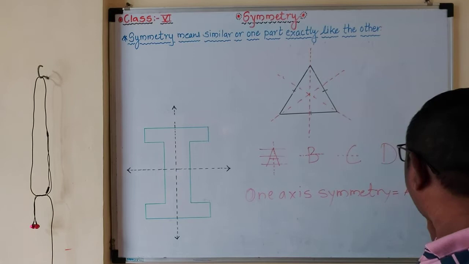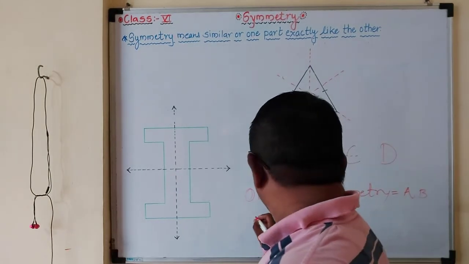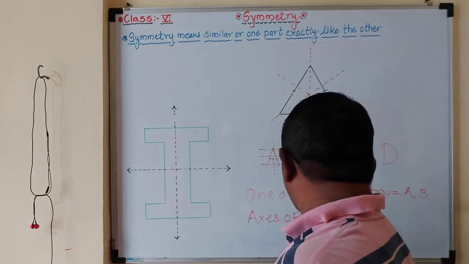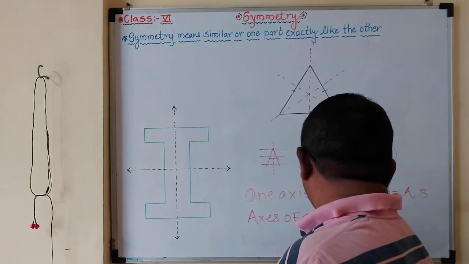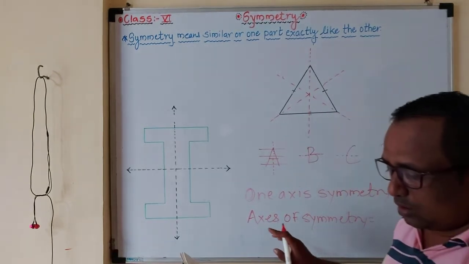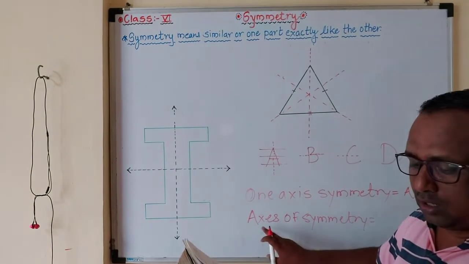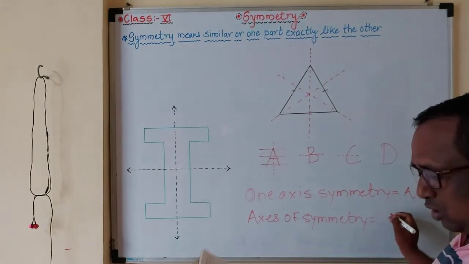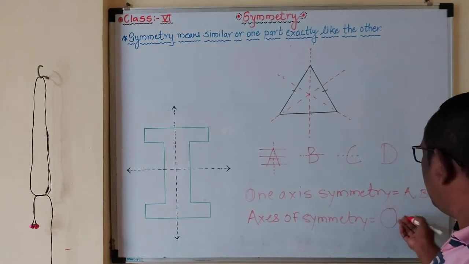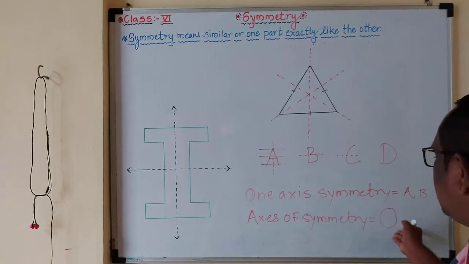Then whatever, A, B, and so on. Instead of this, you have to write more than one axis of symmetry. There are some letters like O, where we can draw many axes of symmetry.